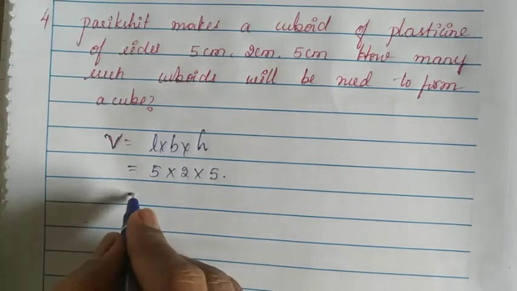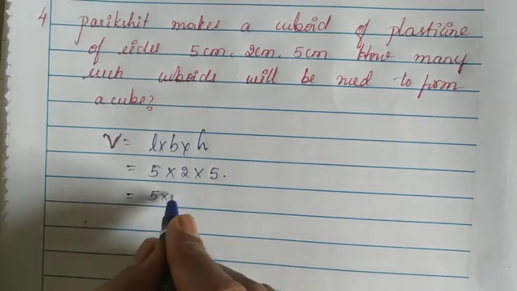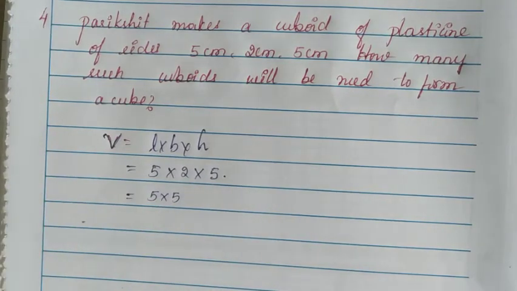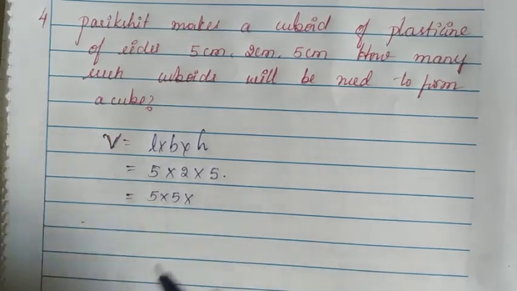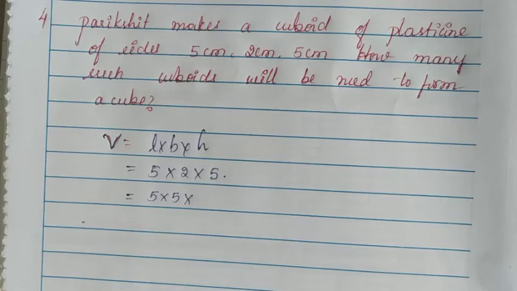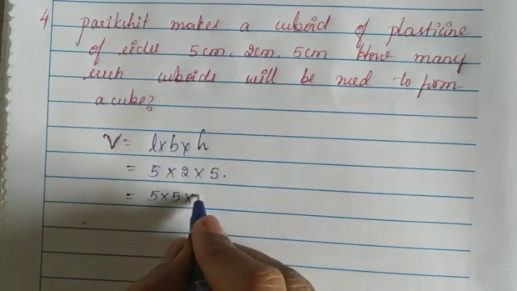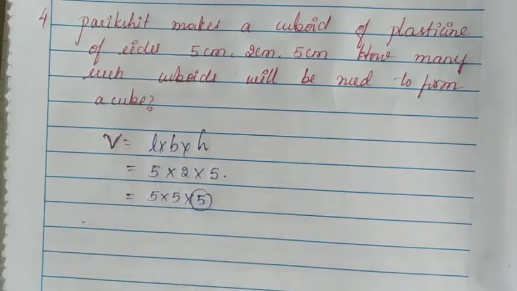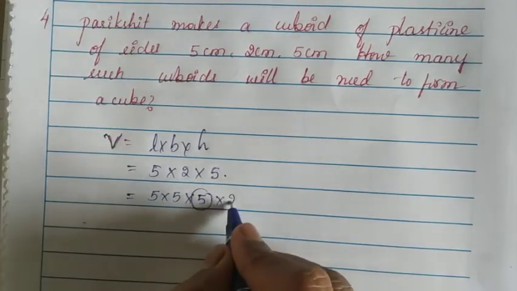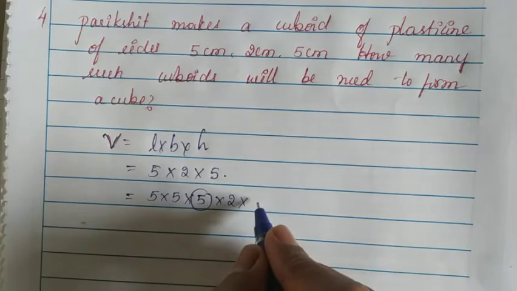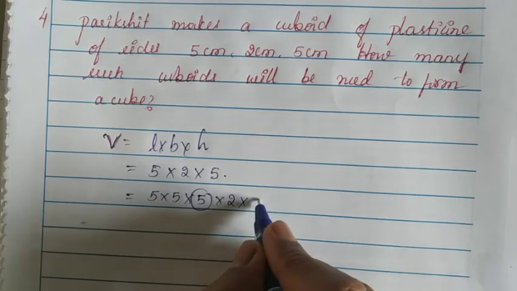Yes. Here write 5 at one side. The measurement 5, write at one side, and how many 5s are needed to become a cube? Yes, only one 5 is needed to become a 5 cube. In the same way, here how many 2s are needed to become a 2 cube?